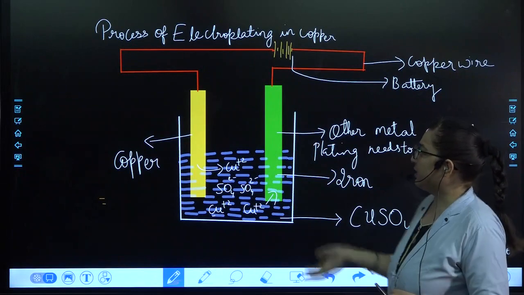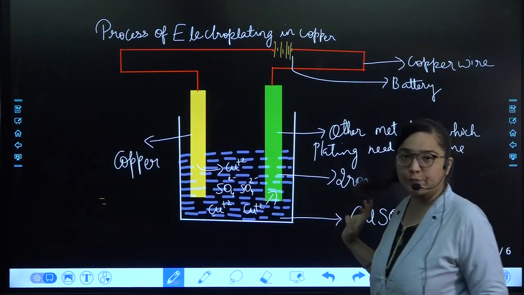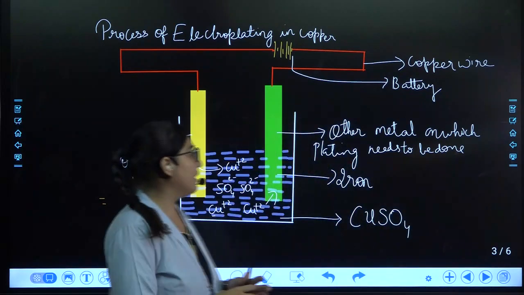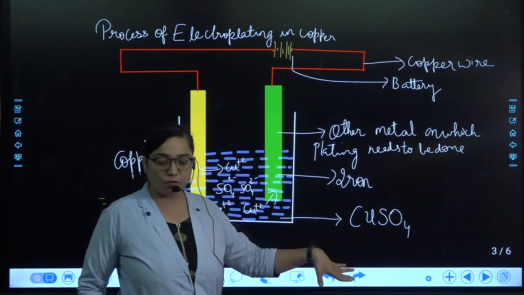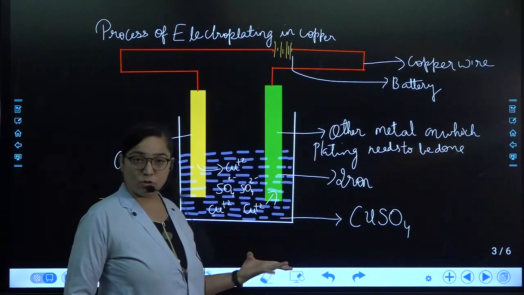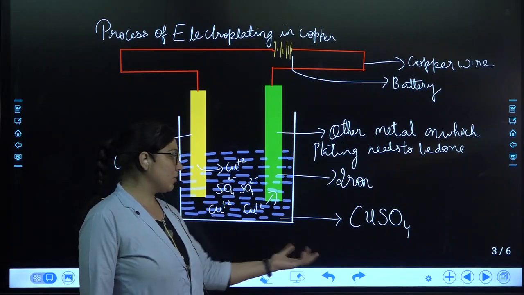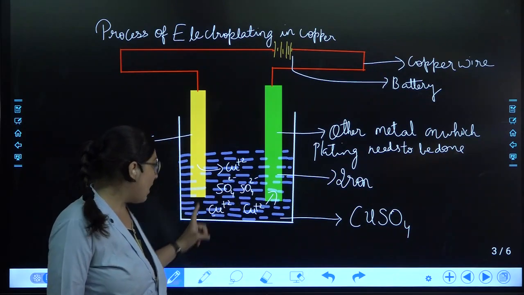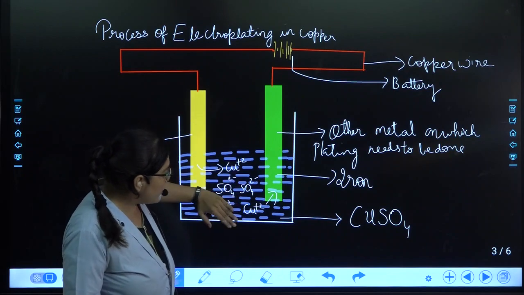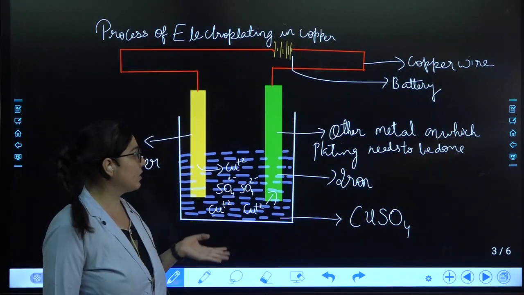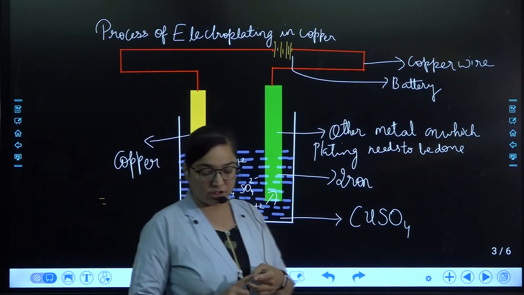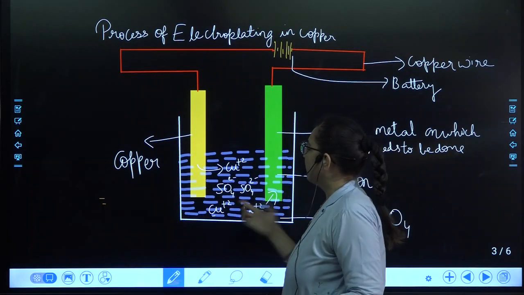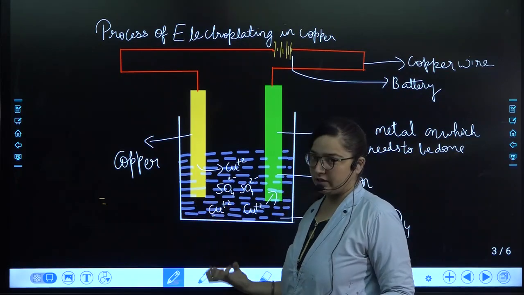Now allow the electric current to flow. Once the current starts flowing, CuSO4 will get decomposed into Cu2+ and SO4 2- ions. This Cu2+ will migrate towards the cathode, because it is the negative terminal, and the SO4 2- ions will remain in the solution.